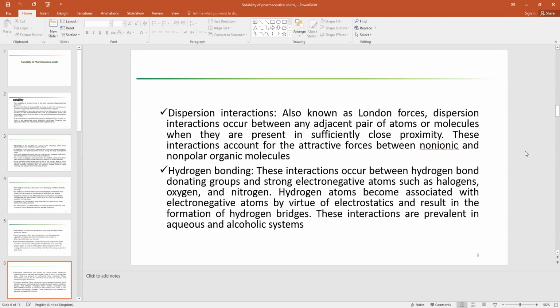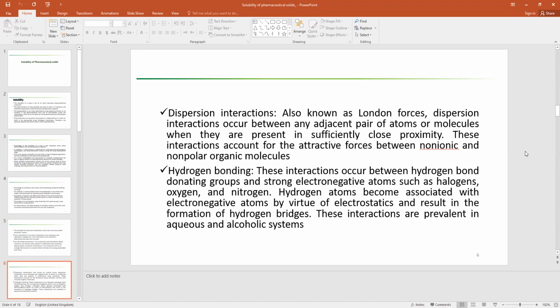Also, there is London force, which is commonly known as dispersion interactions, that occur when there are any adjacent pairs of atoms or molecules present in sufficiently close proximity, where these interactions account for the attractive forces between the nonpolar organic molecules and the non-ionic molecules.